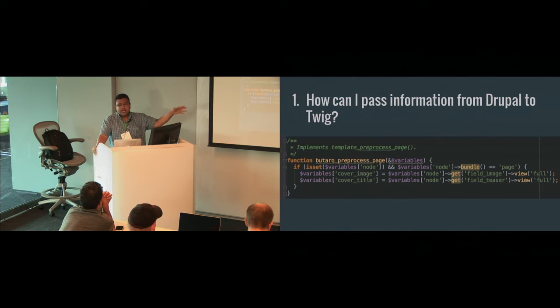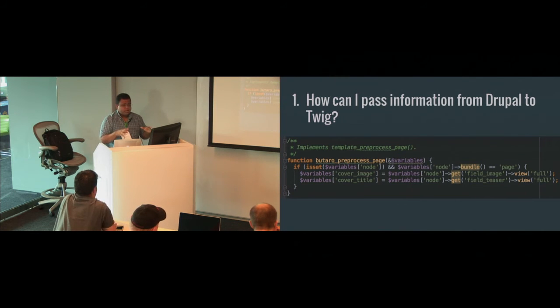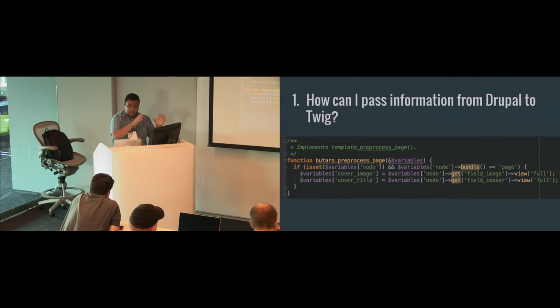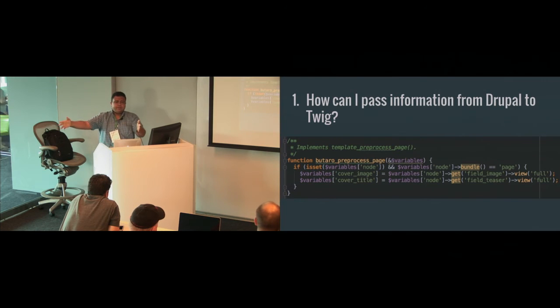Does it have an alt attribute? Does it have a title attribute? So it is not recommended to pass rendered markup from here, because there might be something else trying to act on the same piece of data. The recommendation is that you pass render arrays or renderable elements to the theme layer, and the theme layer will take care of rendering that for you.